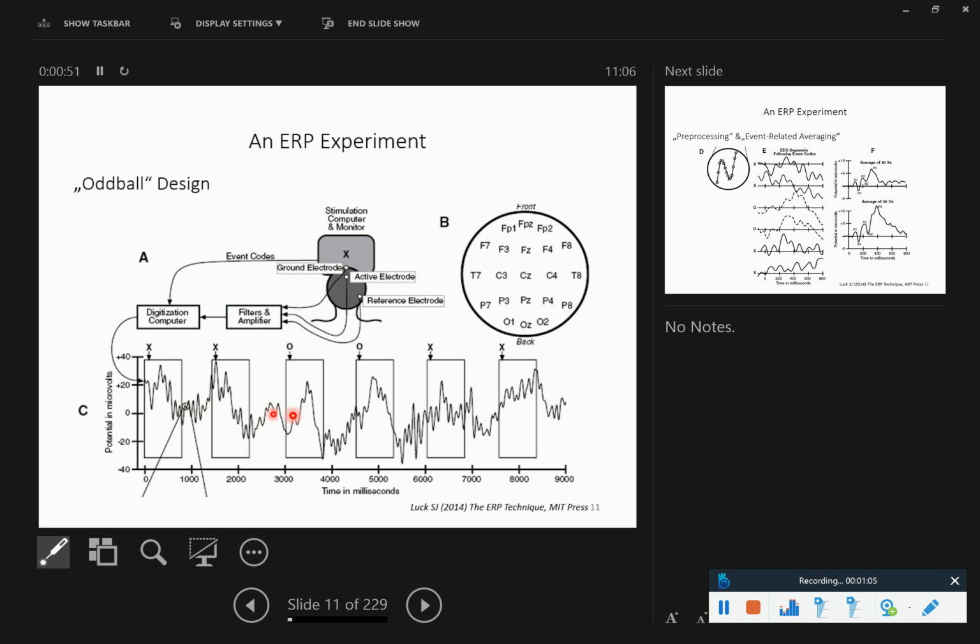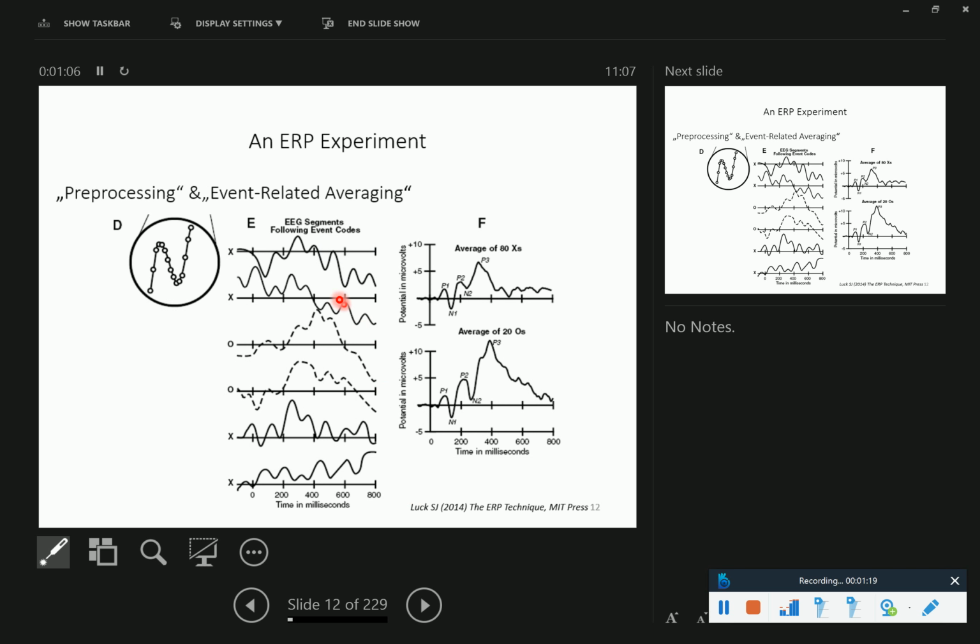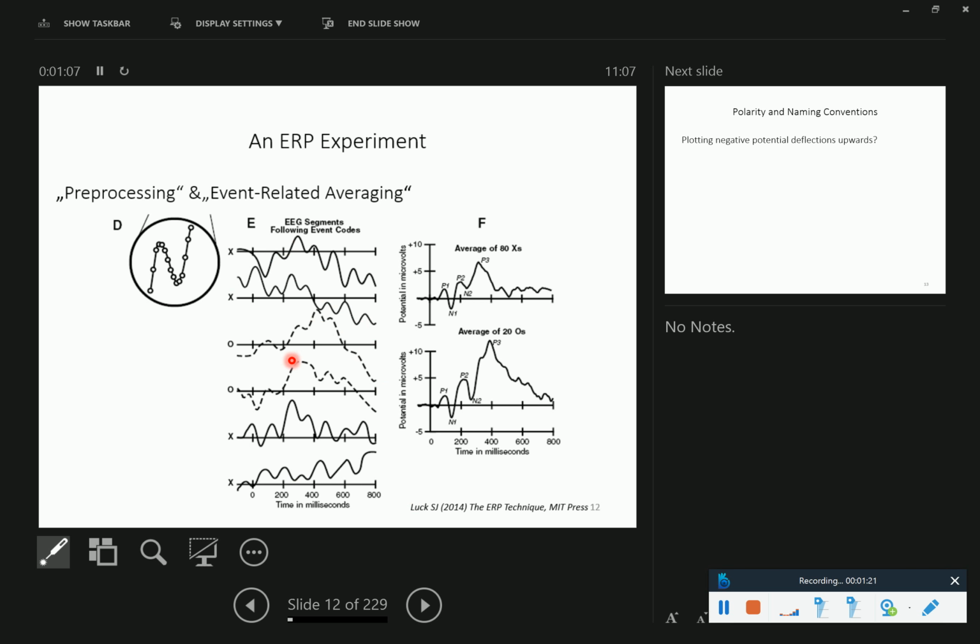Then you record these sweeps, sometimes called traces of EEG, which you then partition, or epoch, or cut, whatever you want to call it, into these segments, and then you average segments to get what is called an event-related potential.